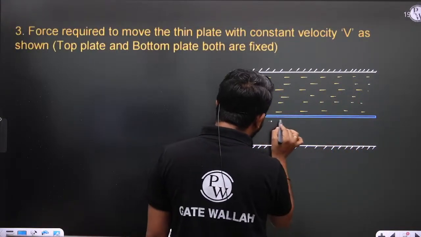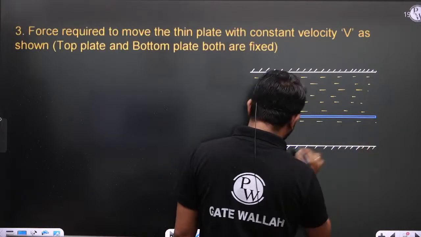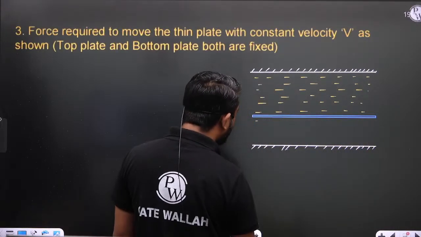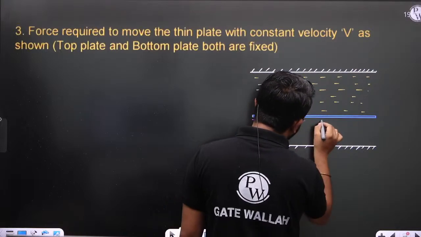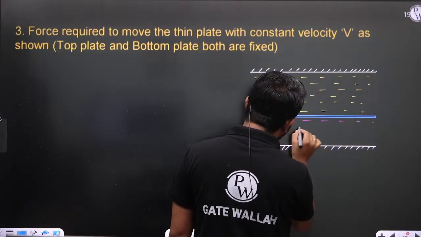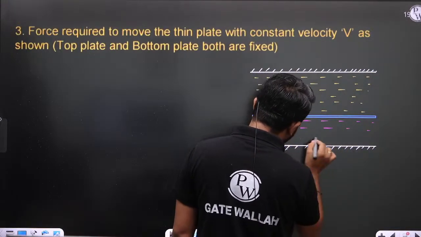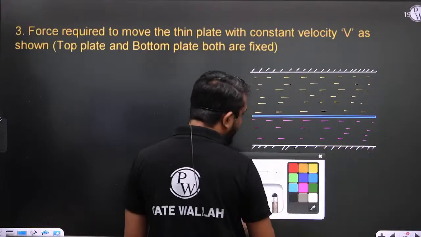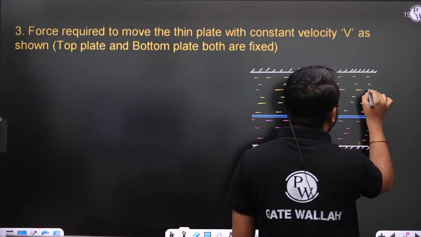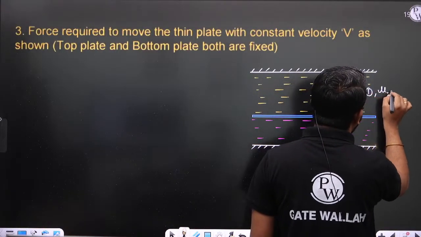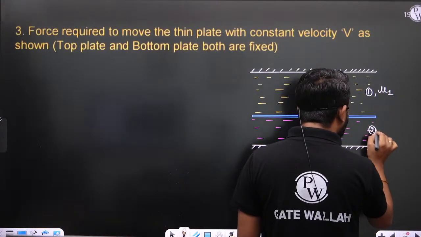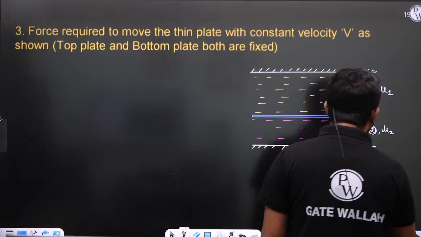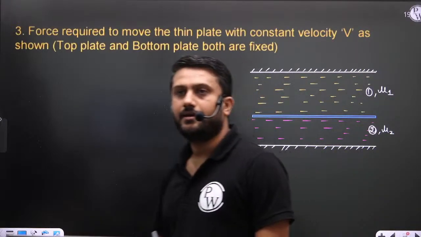And on this side let us consider there is fluid number 2. Both the fluids are different. Fluid number 1 having dynamic viscosity mu1, fluid number 2 having dynamic viscosity mu2.